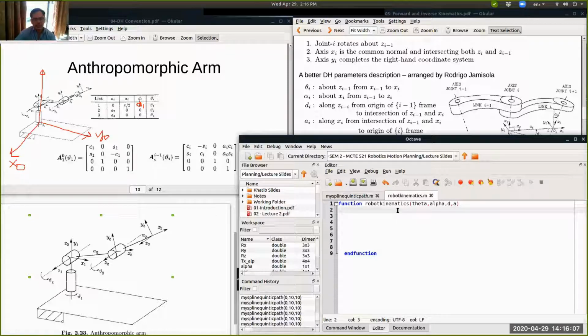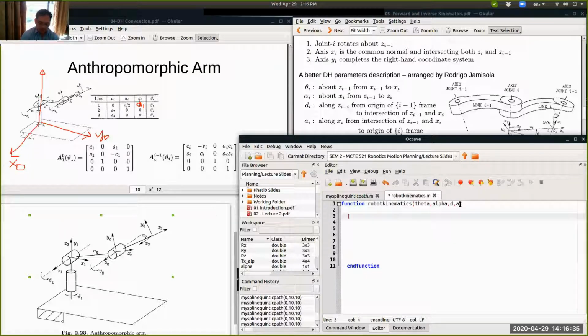In this case, it will accept theta, alpha, D, and A, which are the DH parameters. And we are going to compute the end effector position and orientation for any arbitrary joints, and also for any DH convention, for any robot with given DH parameters. So that means that the size of the robot in this case can be changing.